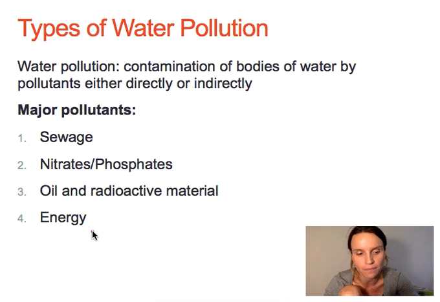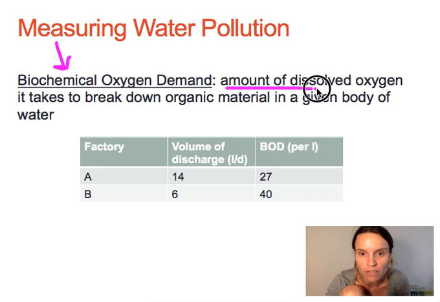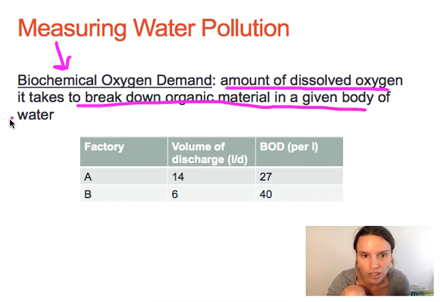water systems. There are a few ways that we can measure water pollution, and one is called biochemical oxygen demand. When we talk about biochemical oxygen demand, what we mean is the amount of dissolved oxygen it takes to break down organic material in a given body of water. And you can assign that a value for different sources and different bodies of water.